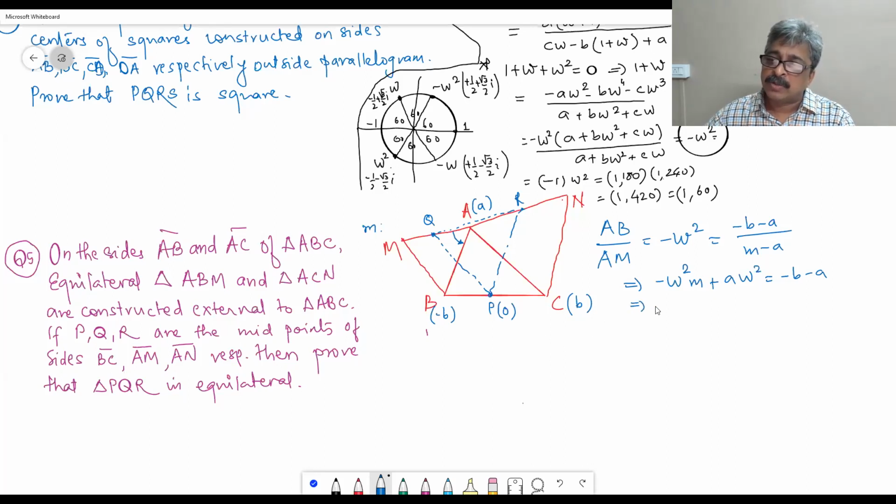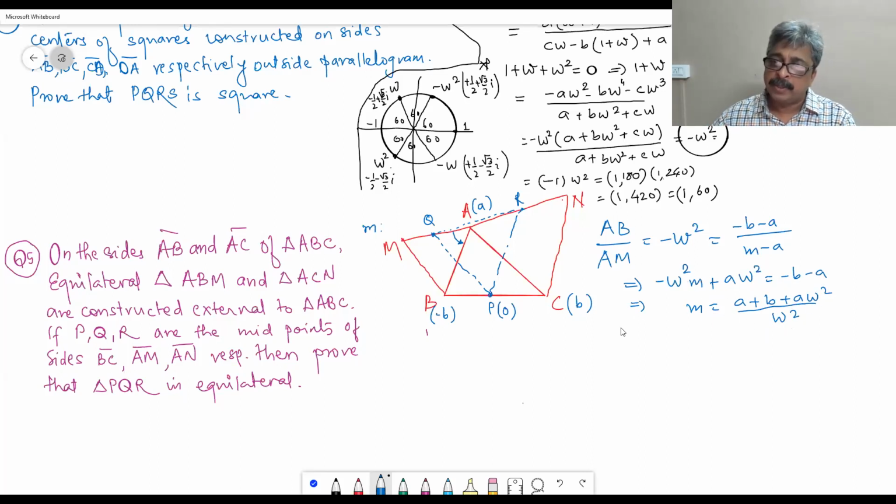So M is equal to A plus B plus A omega square upon omega square. Is this correct? I have multiplied everything by minus 1, so A plus B, this goes to RHS, so plus A omega square, and this goes to the denominator.